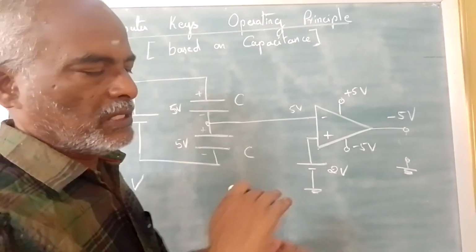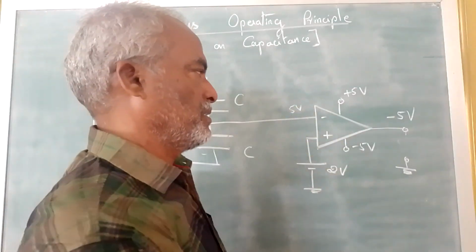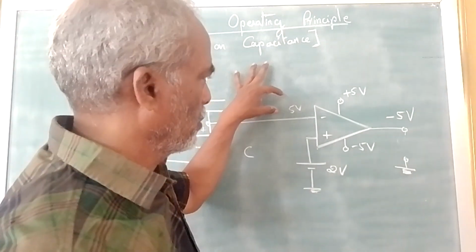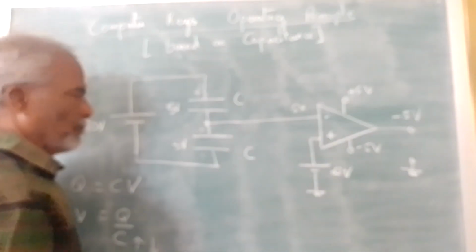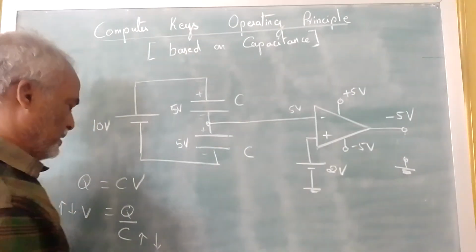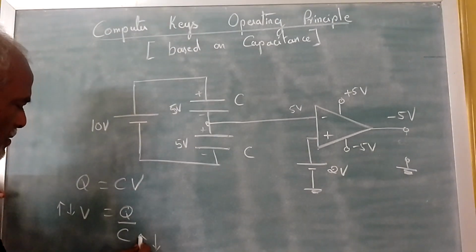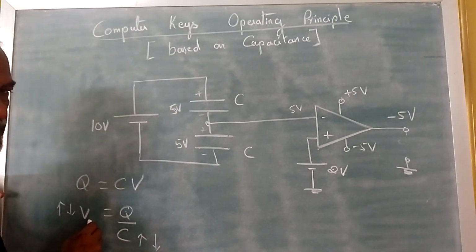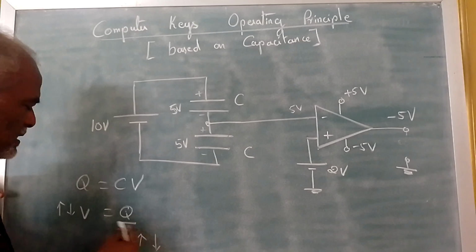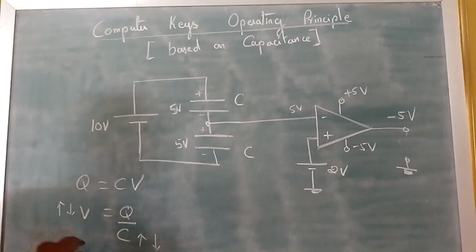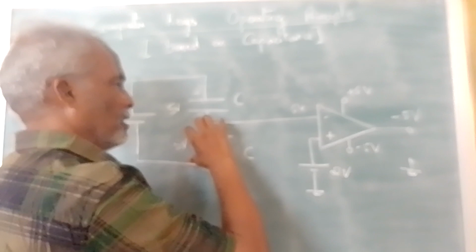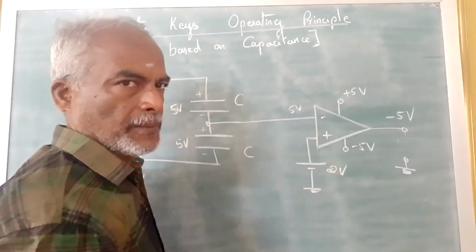So next case, when the key is pressed. Two cases: one, the key is released, and the other, the key is pressed. So two cases happen. One, the voltage will be 5 volts, and the other case, the voltage can decrease. So when C increases, voltage decreases, or when C decreases, voltage increases. We have seen the first case, where the complete 5 volts is appearing here.